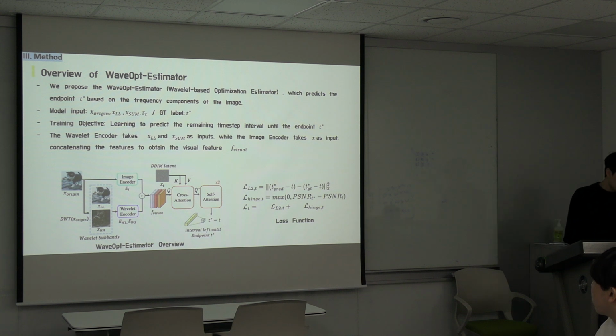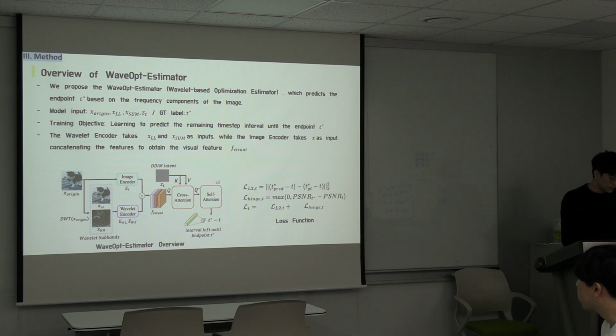The model takes those 4 components: X origin means the original image, X_LL corresponds to the low frequency image, X_sum means the high frequency image, and z_t is the DDIM latent at time step t. And the GT label is going to be t star. Our training objective is learning to predict the remaining time step interval until the endpoint t star.